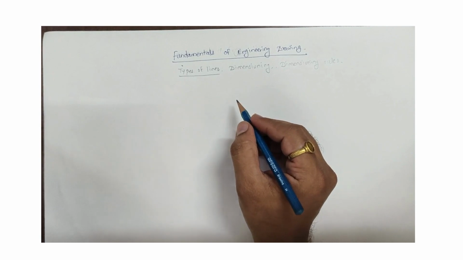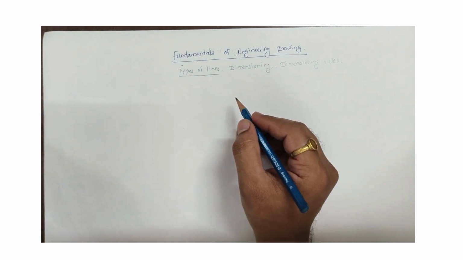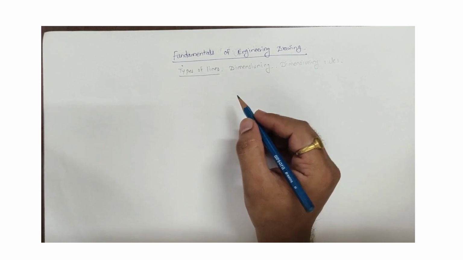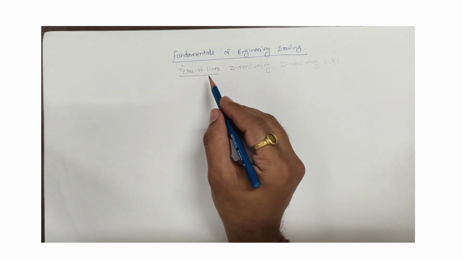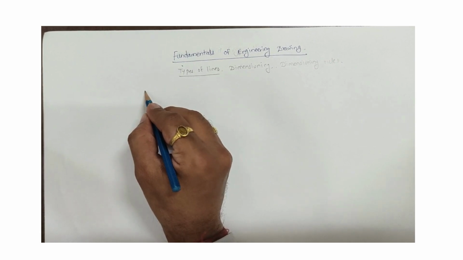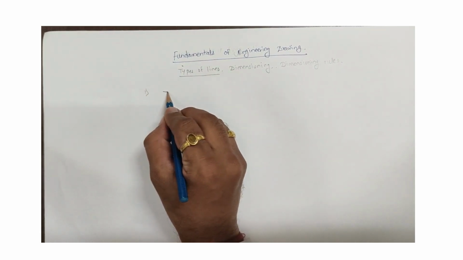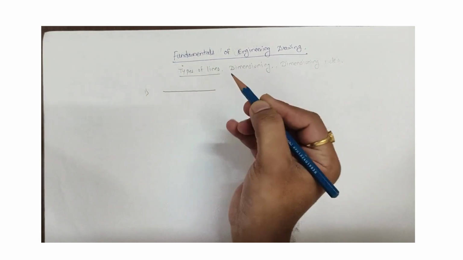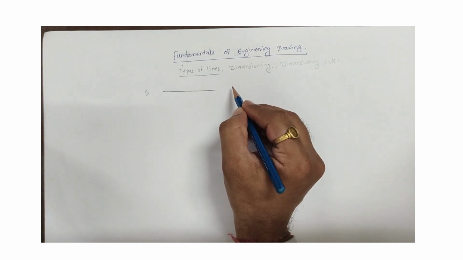As we are familiar, engineering drawing is the language of engineers, so similar to the ABCD, these lines will work. So the first line is nothing but the continuous thick line, whose thickness must be uniform and it is somewhat thick.